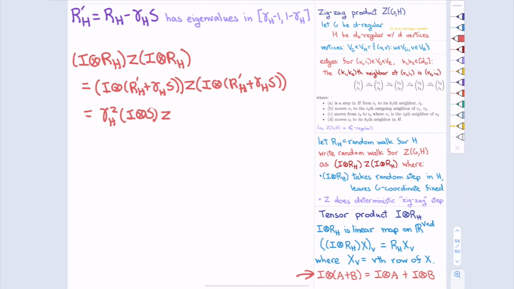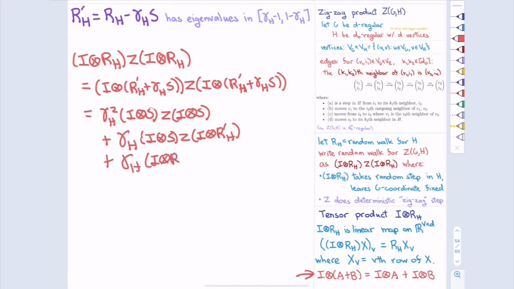Okay, Z I outer product S. Another one would look like gamma H I outer product S Z I outer product R prime H. I think you guys get the idea of what I'm doing. It's nothing sophisticated. This will be the other one with the terms flipped around.